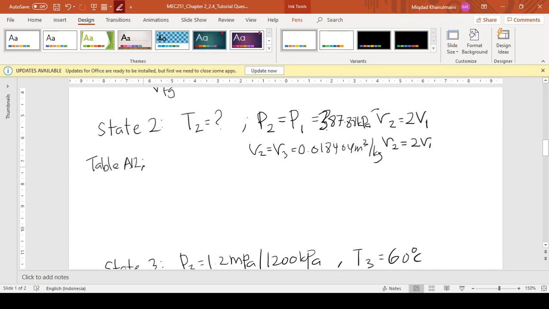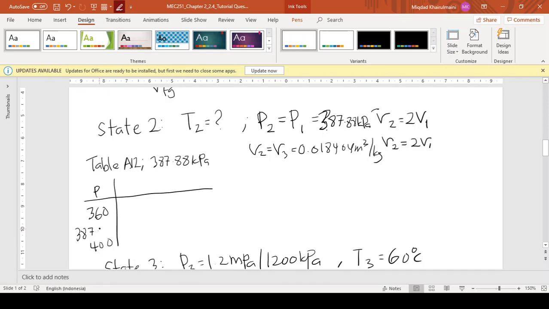Now at table A12 there is no 387.88 kilopascal. What there is in table A12 is 360 and 400. So 387 is in between.